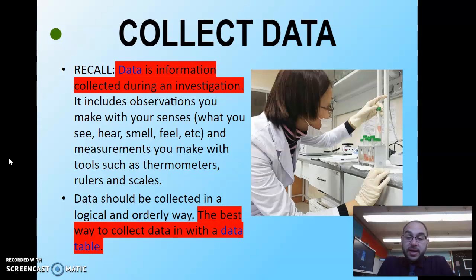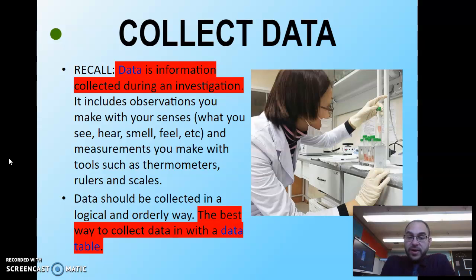So data is information that we collect during an investigation. So whatever your dependent variable, your DV is, that's what you're measuring. That is your data, okay? And those observations are typically going to be done based off of what we're seeing, hearing, feeling, right?